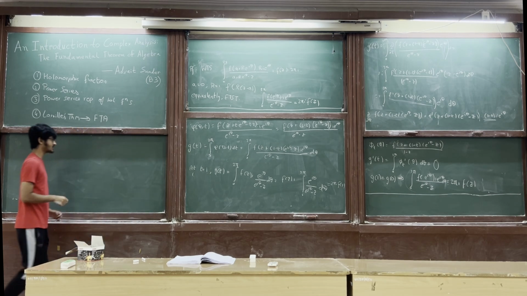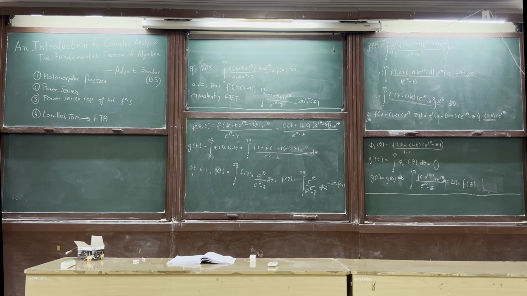So before that, one small computational trick to see 1 upon w minus c. So we want to be integrating f of w times 1 upon w minus z, right?